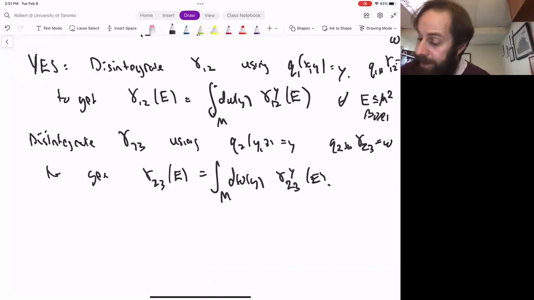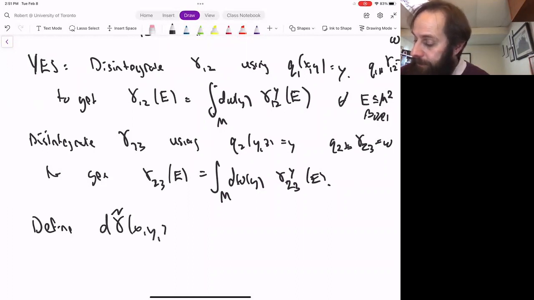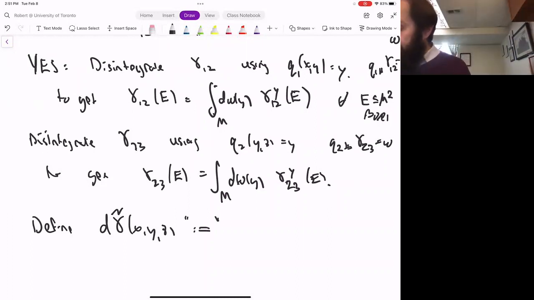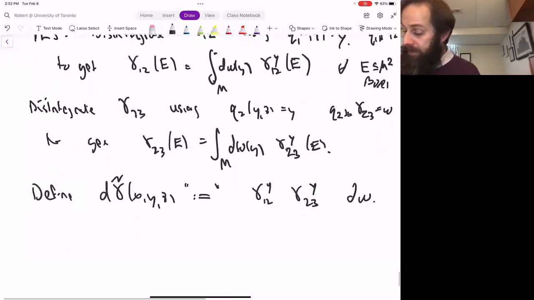And then I want to define gamma tilde. So I'm going to write something formal first of all. Basically, I want it to be something like gamma 1,2 y, gamma 2,3 y, d omega, something like that.